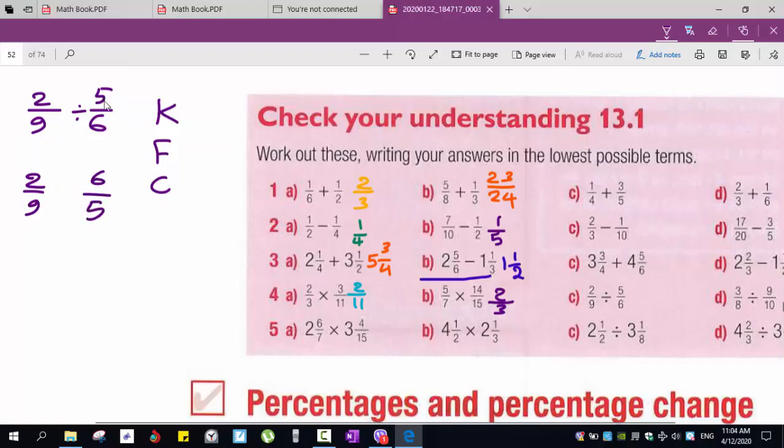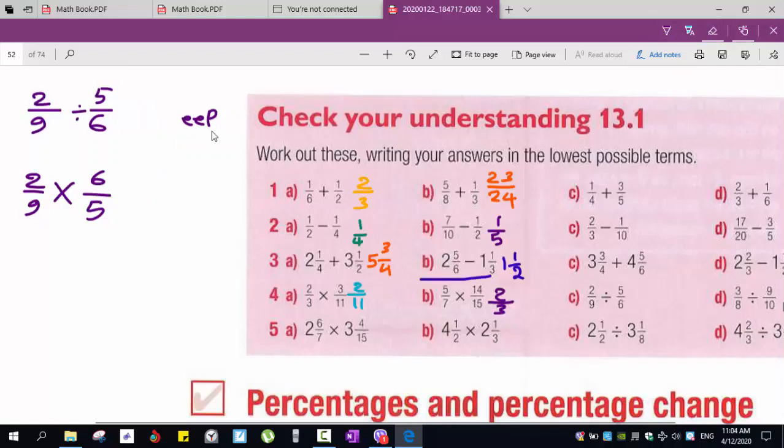Look, it was 5 over 6, it became 6 over 5. And then C means change the division to multiplication. Again, KFC: K means keep the first fraction, F means flip the second fraction, C means change the division to multiplication.